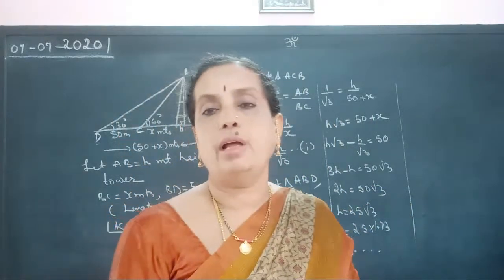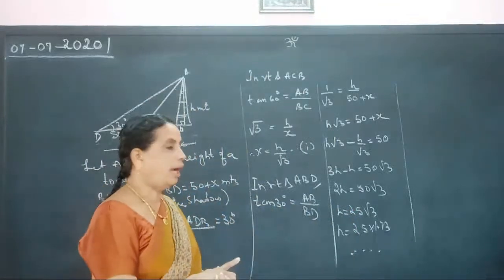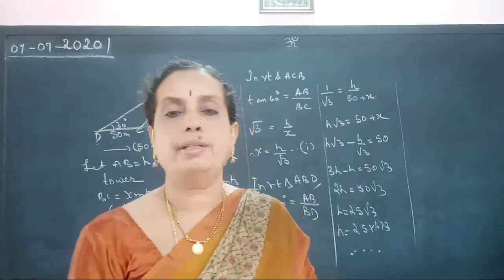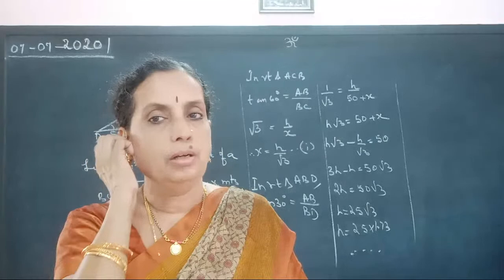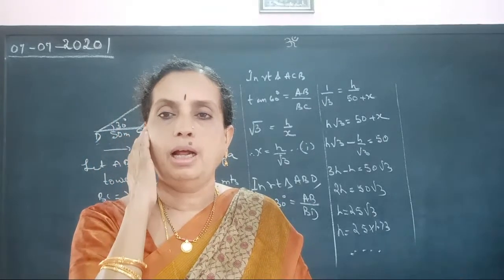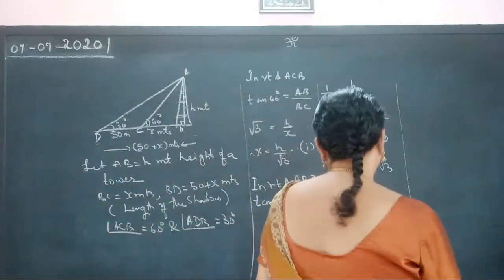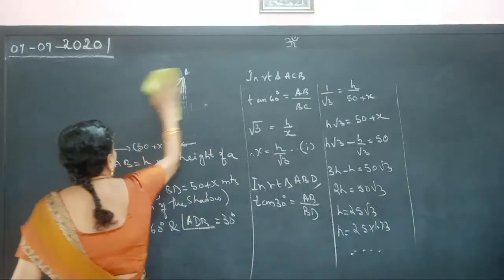After getting h value, conclude your answer. Therefore, height of the tower equals, finalize as 43.25 meters. Is clear? Always final answer, underline the correct answer. It's the final step that includes all the weightage of marks.